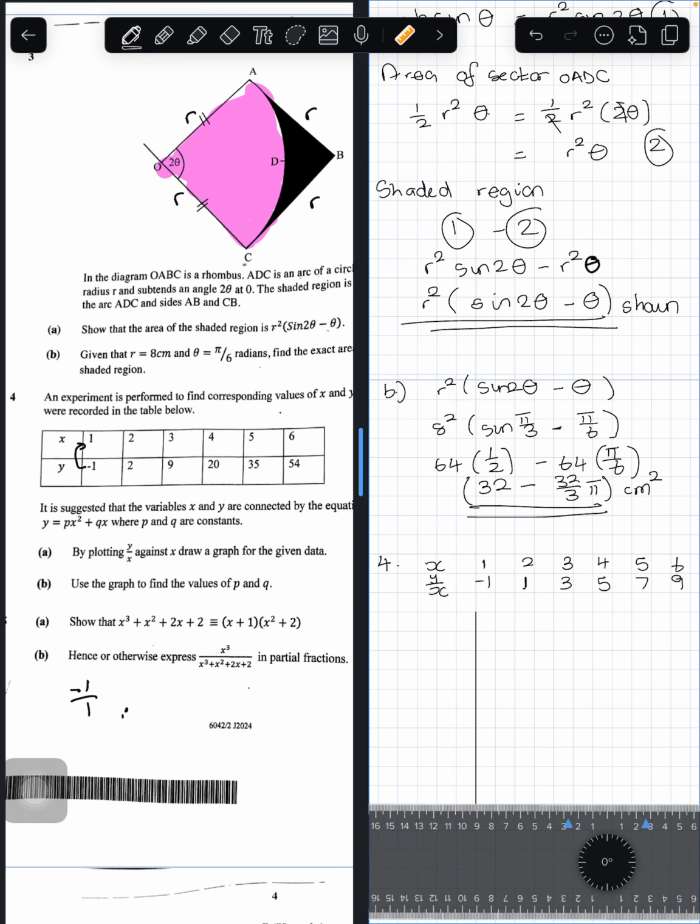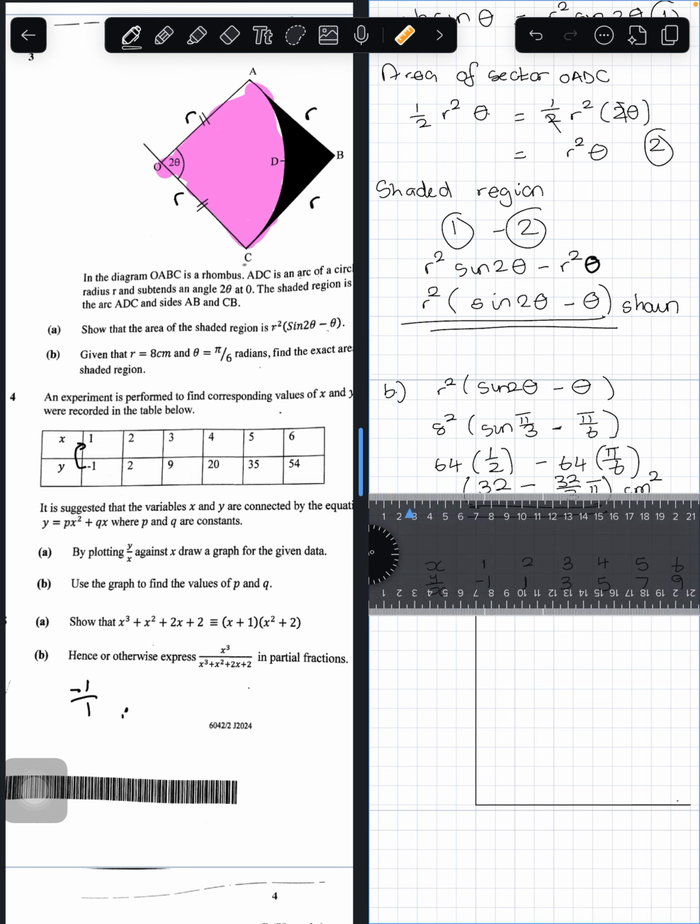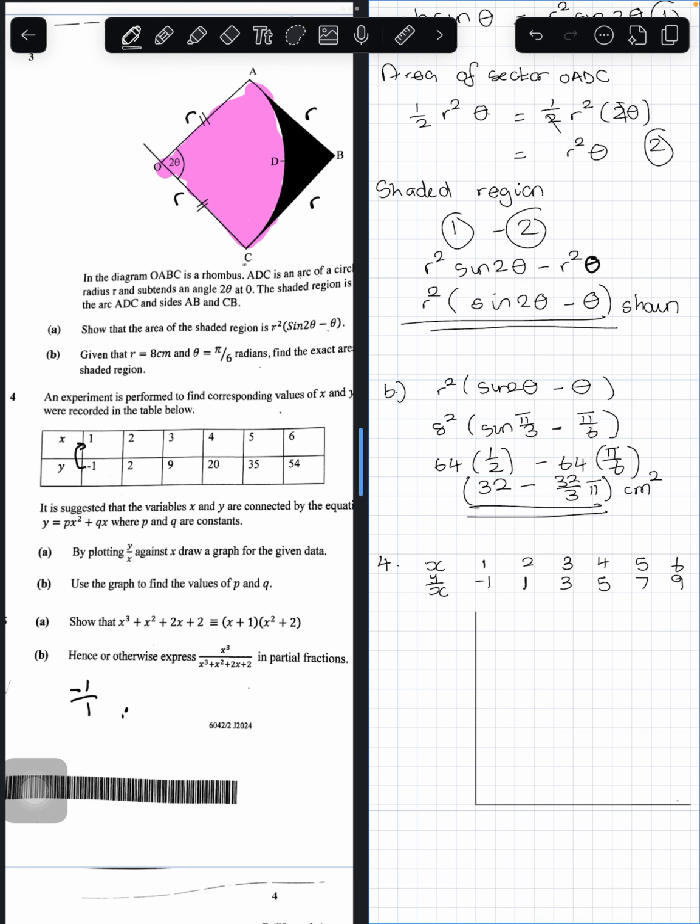This is my x-axis. Let me label my graph. This is the y-axis, this is the origin, this is the x-axis. For our axis, we're starting from 0, going to 1, 2, 3, 4, 5, 6. We do the same thing going up. For this one, the y over x is beginning from -1.